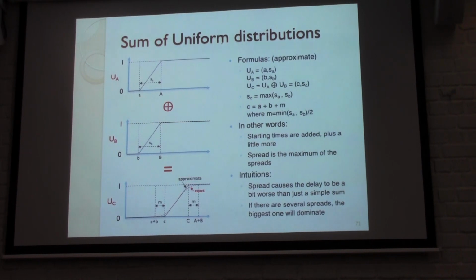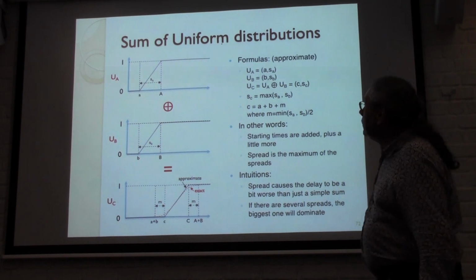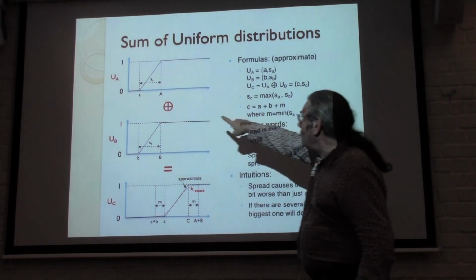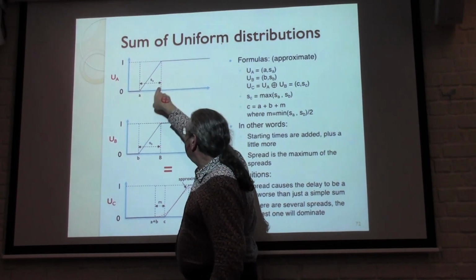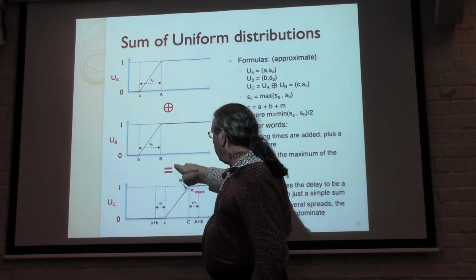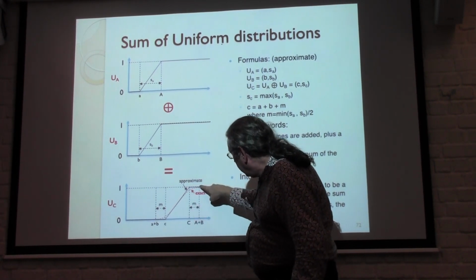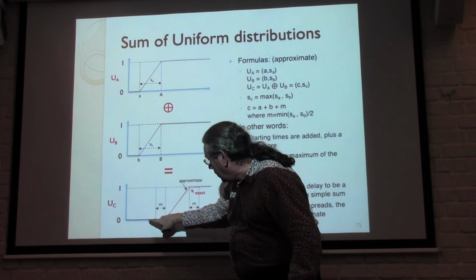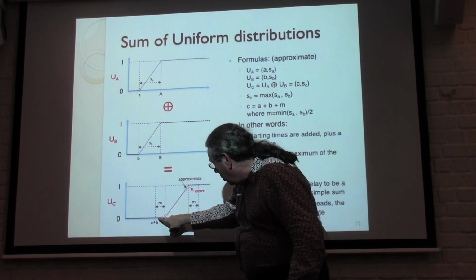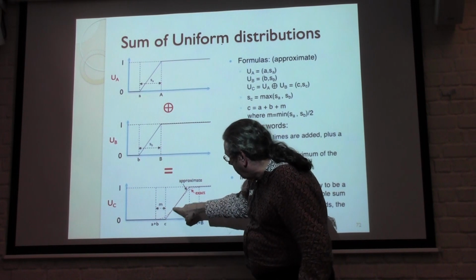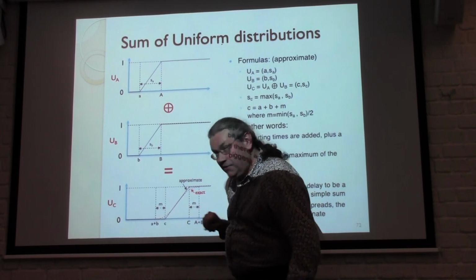You can also do convolution for uniforms here. And now it's an approximation. So here I have a uniform, another uniform. I do the convolution. It's not going to be uniform. It's this red curve. But actually, this part is very small, and this part is very small. So I can approximate it by another uniform.